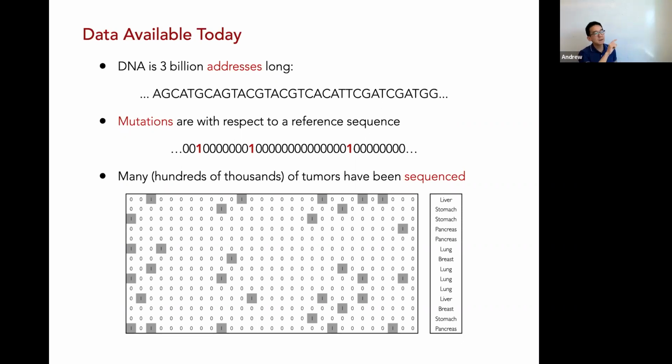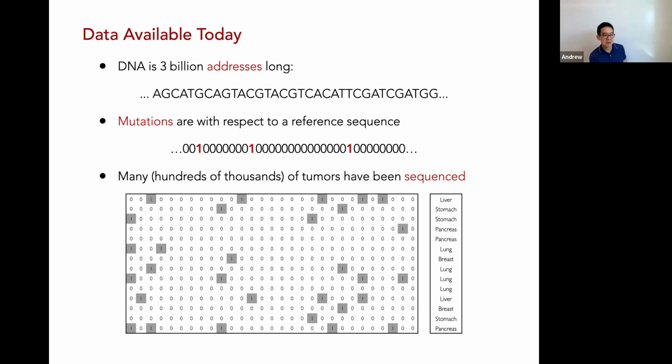Okay, every row you can imagine is a different person whose tumor we've actually sequenced. The columns, I'm very much drastically underdrawing the width of this table here. This table is really 3 billion wide, because I am literally talking about every single DNA address.